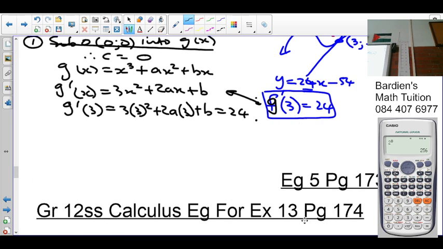So b is equal to negative 6a, plus 24 minus 27. So it's negative 3. Is that correct? What is 24 minus 27? It should be negative 3, no? And that is equation 1.